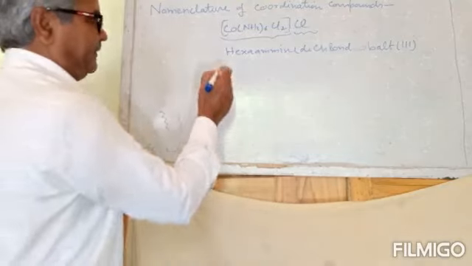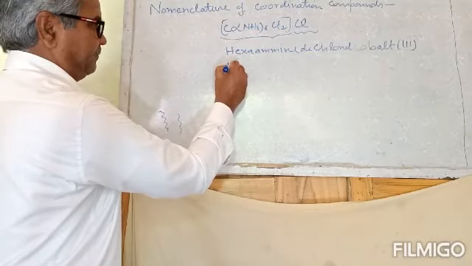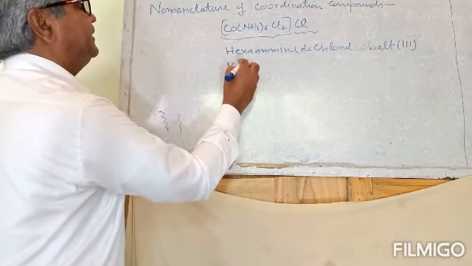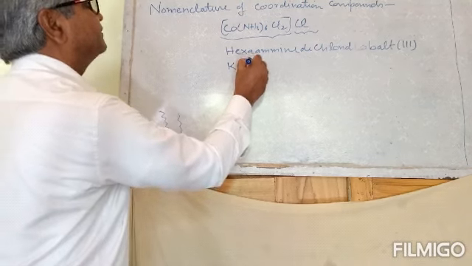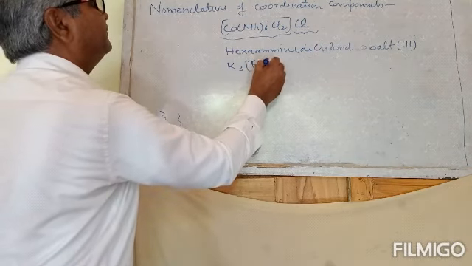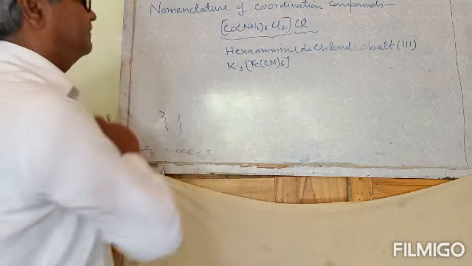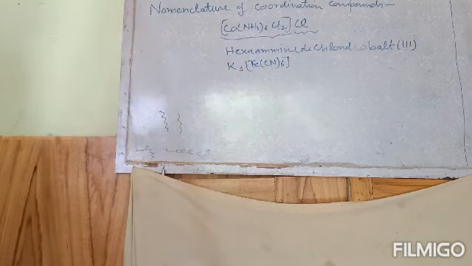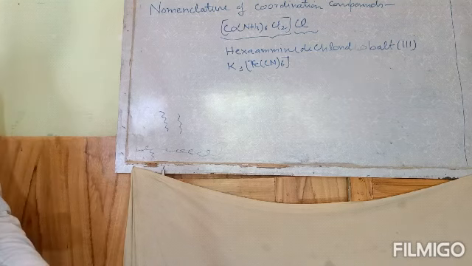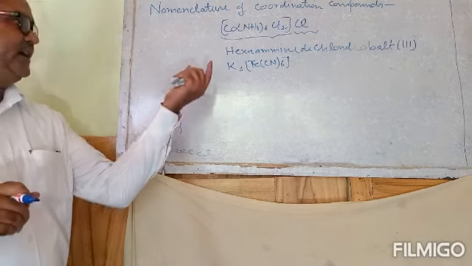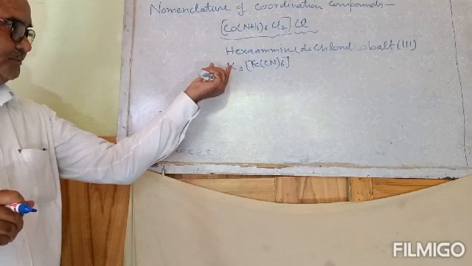Other example, K3[Fe(CN)6]. This compound also has a cationic as well as an anionic part.